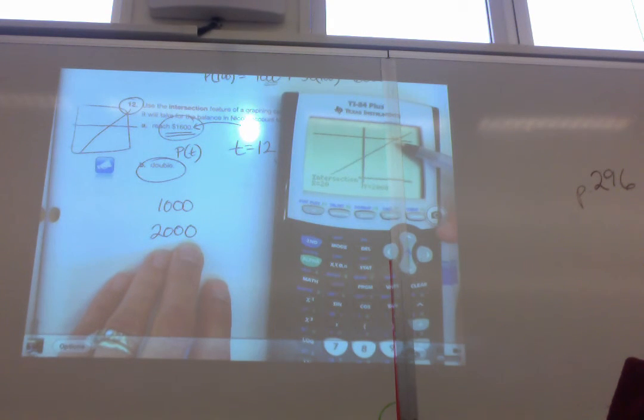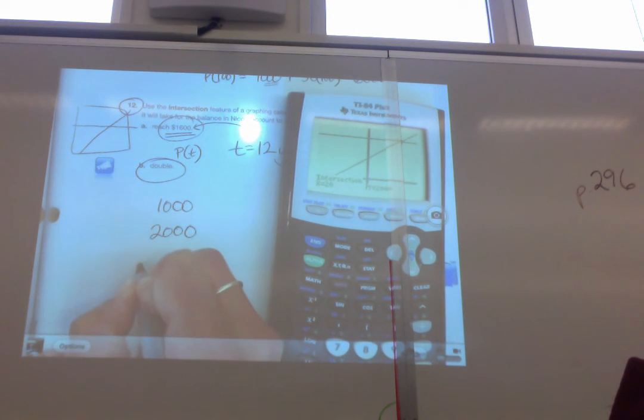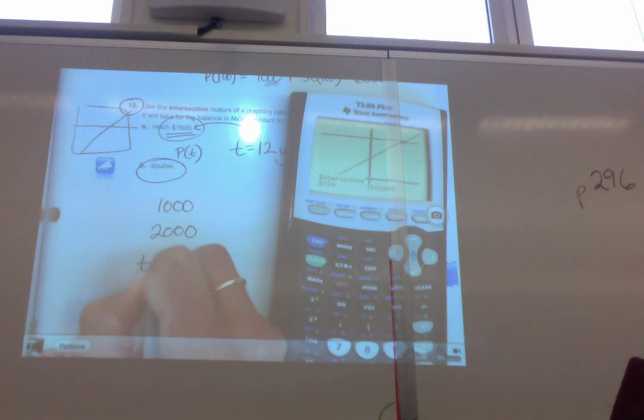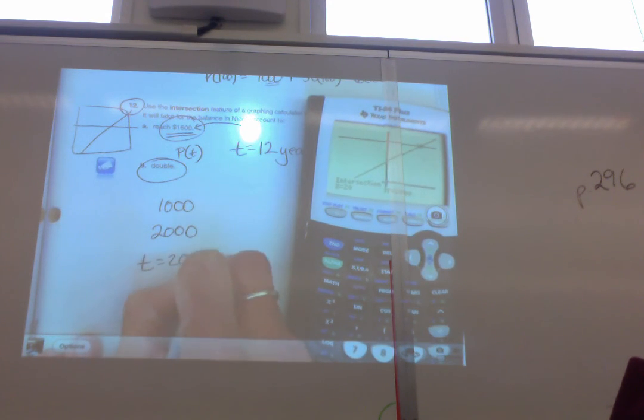What's the intersect there? Here's Nico's function, and here's the hypothetical amount of 2,000. What this intersect shows is where Nico reaches the level of 2,000. What do you see, Anna? X equals 20, or T equals 20 years.